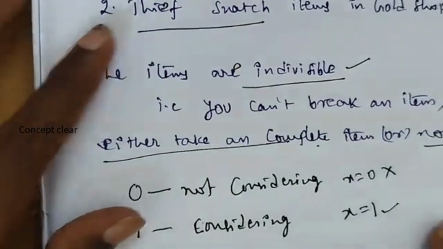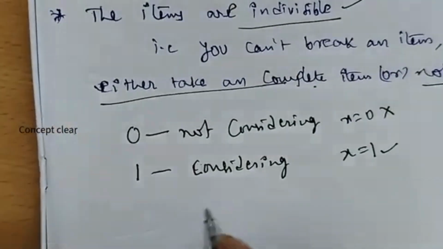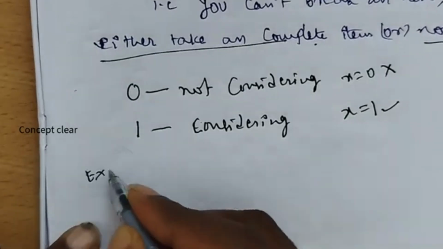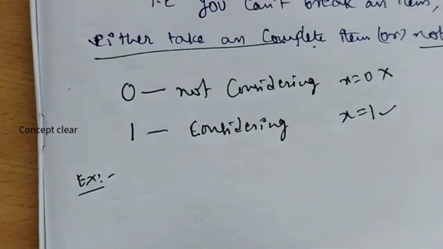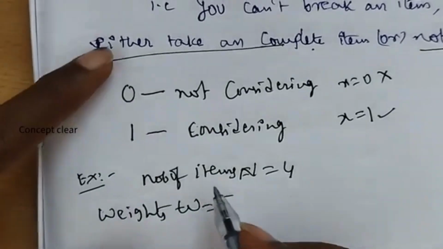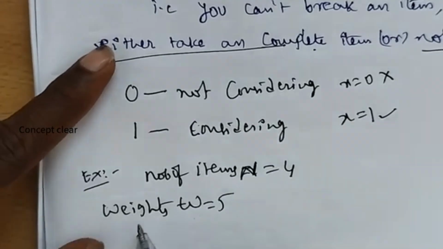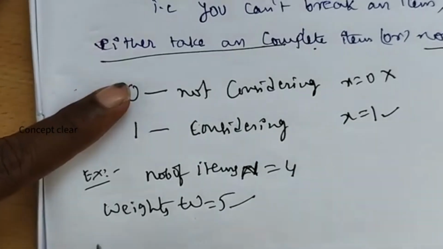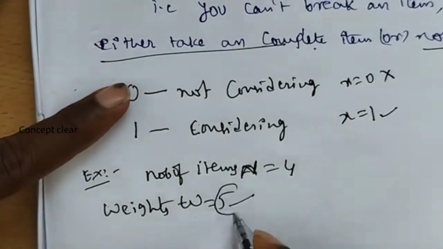Here I am taking an example for this knapsack problem. The number of items n equals 4, and the total weight W equals 5, meaning the maximum capacity is 5.